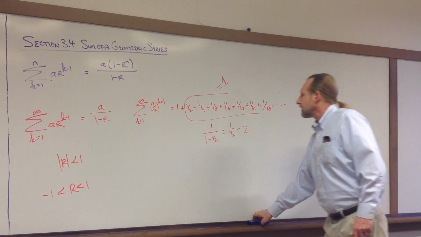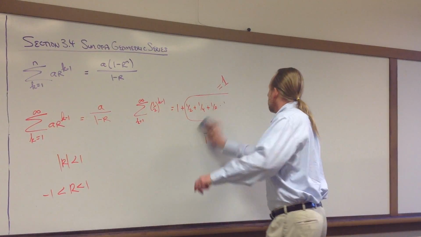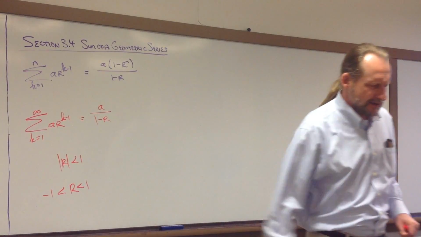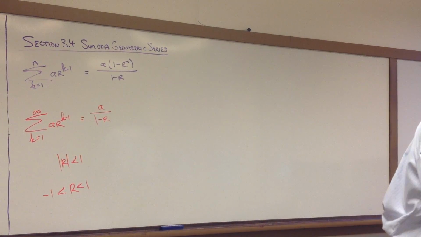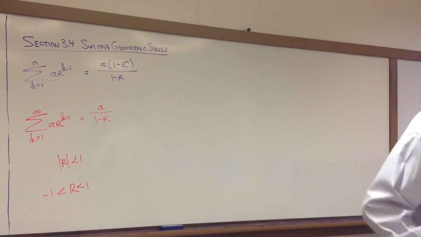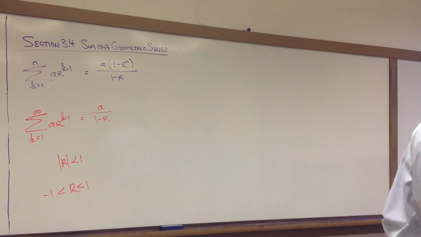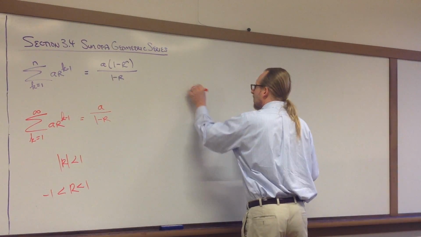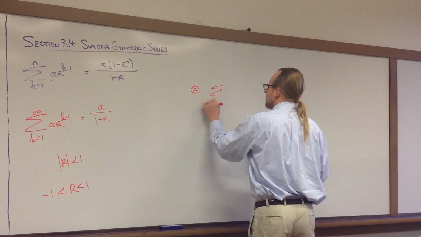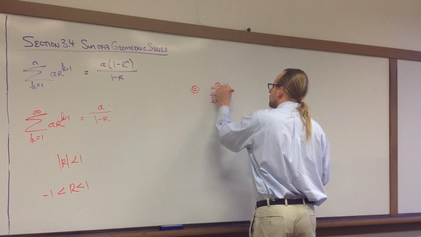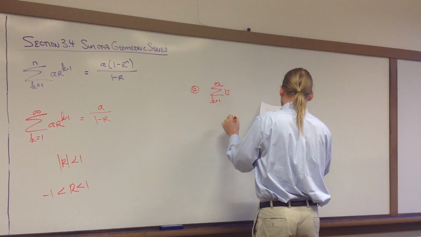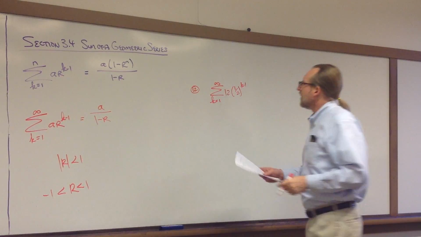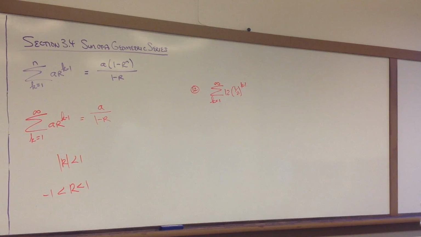Okay, so let's look at some of the problems on the sum of an infinite series on page 118 over on to page 119. Problem 12. We've got an infinite series, k from 1 to infinity, 12 times a half to the k minus 1. So this is nice standard form.